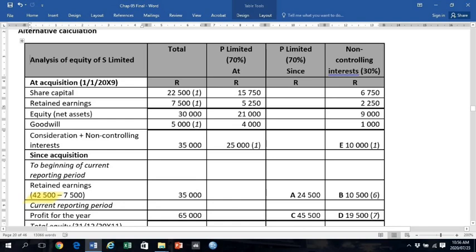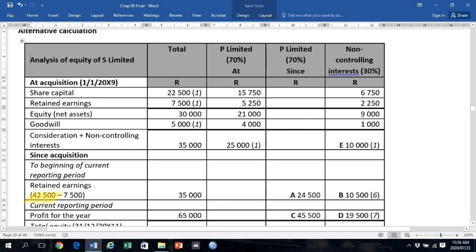Then we ask the question, was there any consolidation journal entries that adjusted that retained earnings opening balance of S? And if your answer is yes, you consider the effect of those journal entries and adjust that TB balance before you attribute. So you first get the total that is allowed to be in the group, and then you attribute. It's two very distinctly different steps.